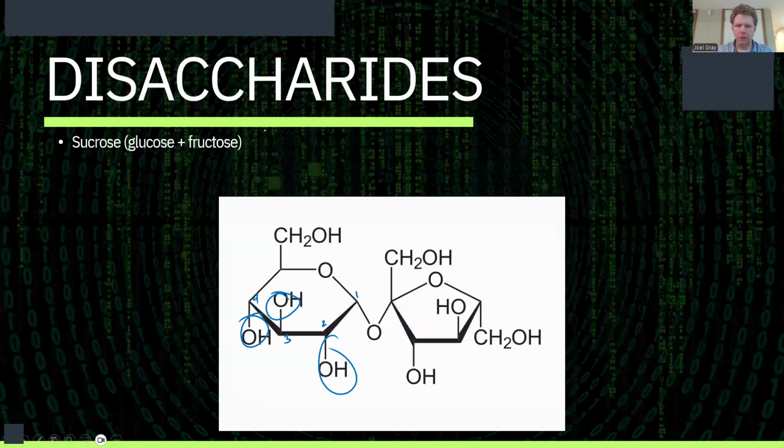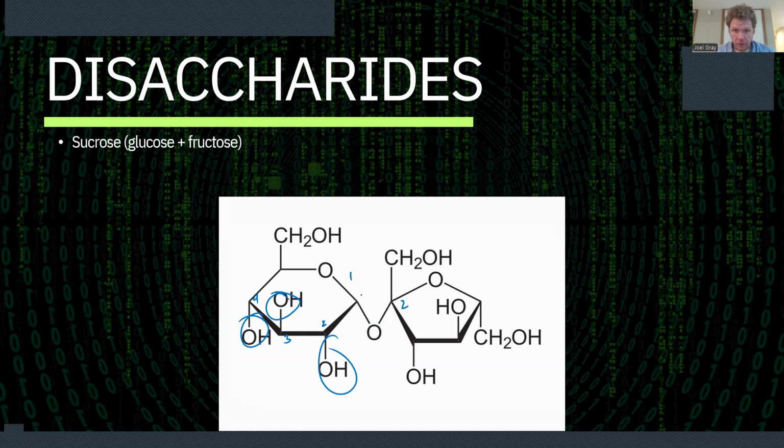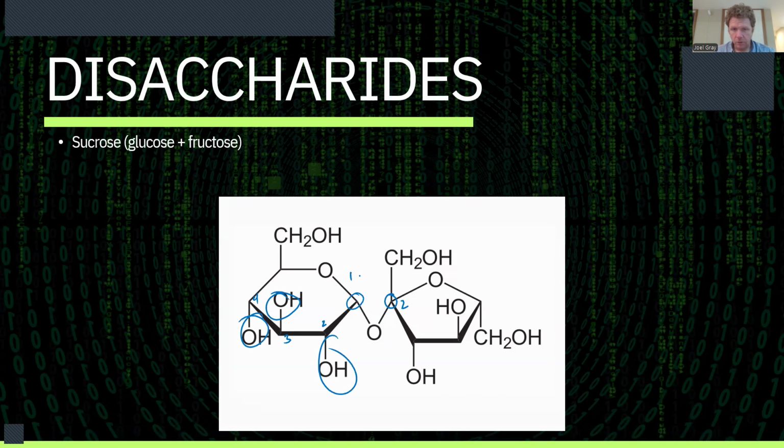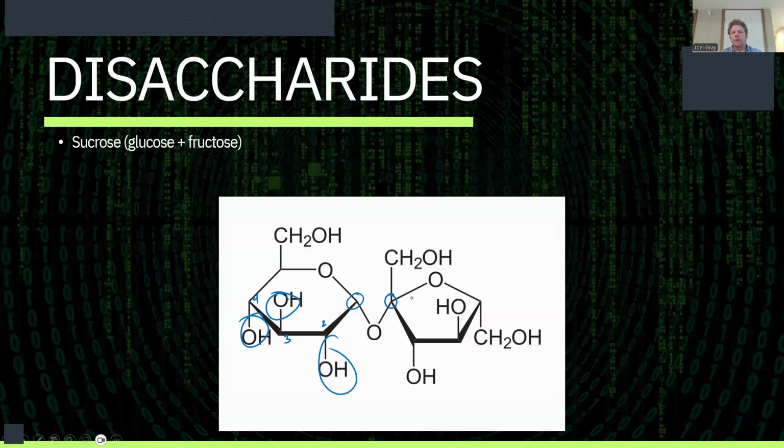Well, first of all, it is a glycosidic linkage, a 1-2 glycosidic linkage. This is known as an alpha beta glycosidic linkage. These are our two anomeric carbons. So we've got two anomeric carbons there that make up our bond. This is a non-reducing sugar.